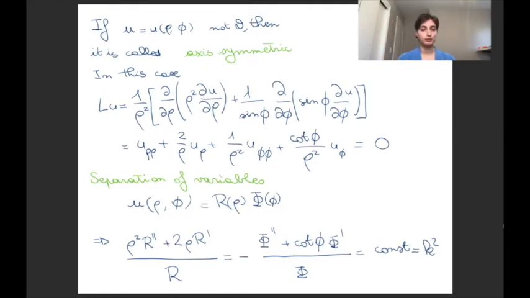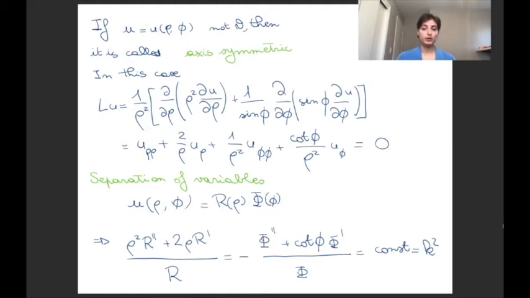As we have done multiple times with separation of variables, we notice that one block depends all on r, the other depends on psi. Therefore, when we change r and psi, these two blocks need to stay constant. So we say that it's equal to a constant, and we give this constant the name k squared.